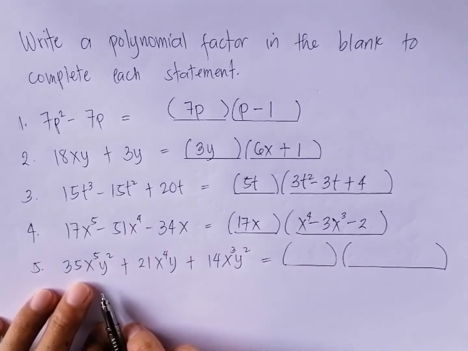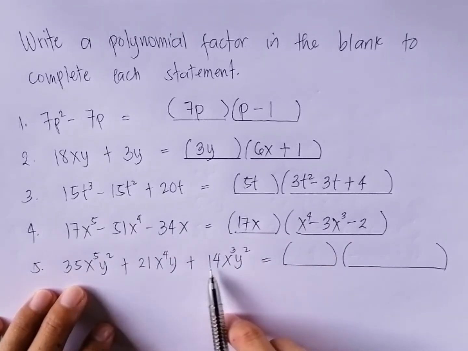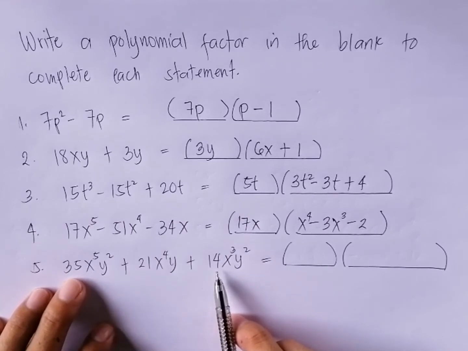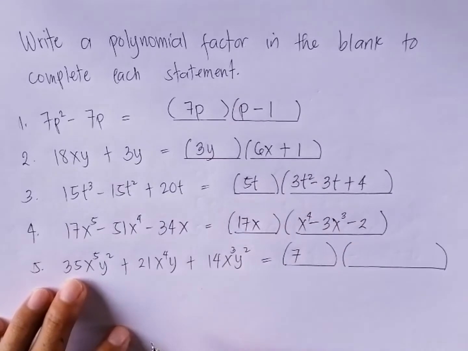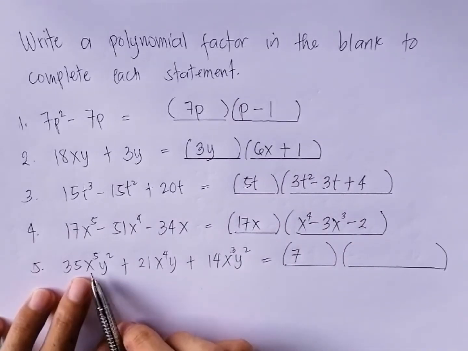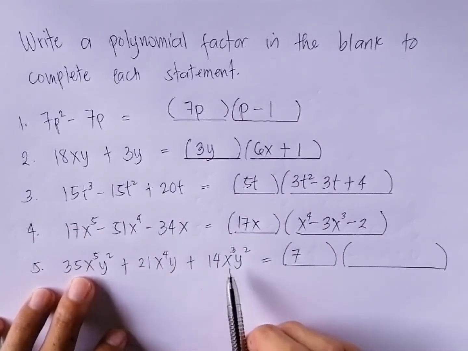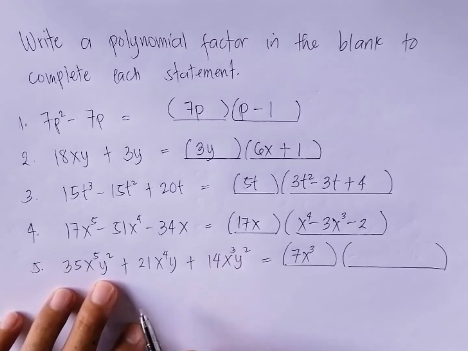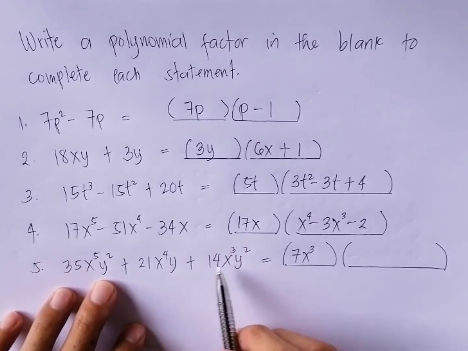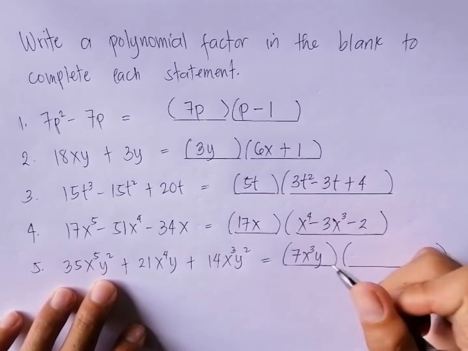Number 5. 35, 21, and 14. The GCF is 7. Then for x raised to 5, x raised to 4, x to 3, the GCF is x raised to 3. Then for y squared, y, and y squared, that is y.